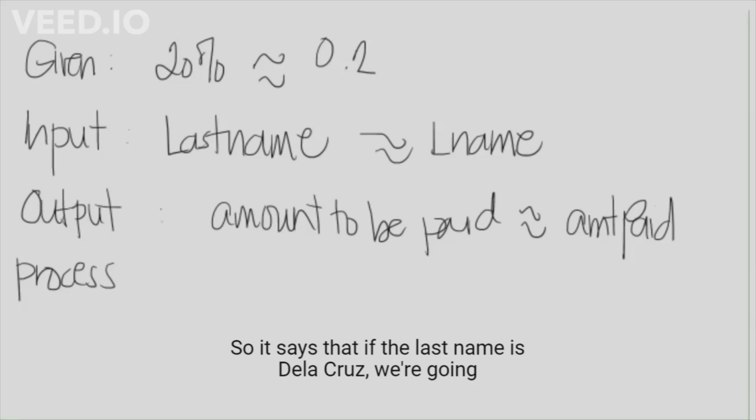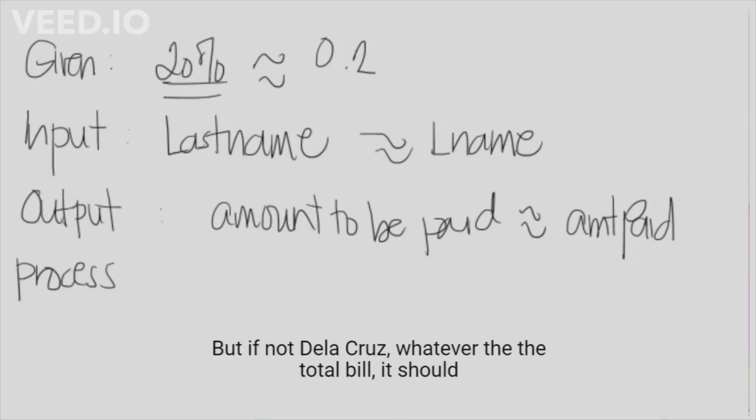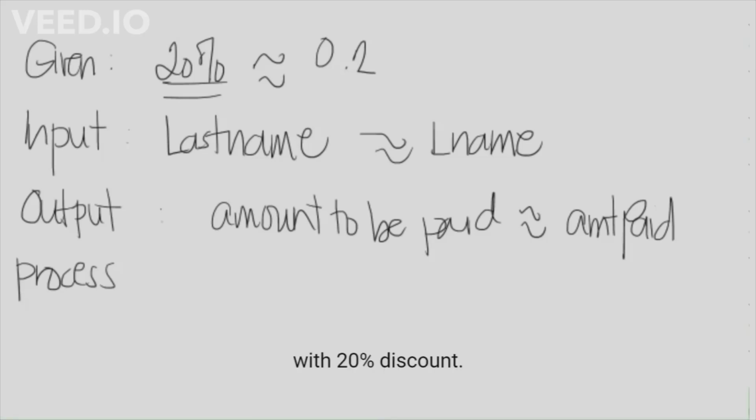It says that if the last name is De La Cruz, we're going to have a discount of 20%. But if not De La Cruz, whatever the total bill, it should also be the amount to be paid. But if it's De La Cruz, the amount to be paid will be with 20% discount.